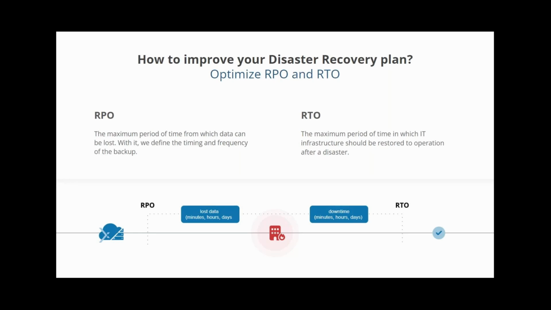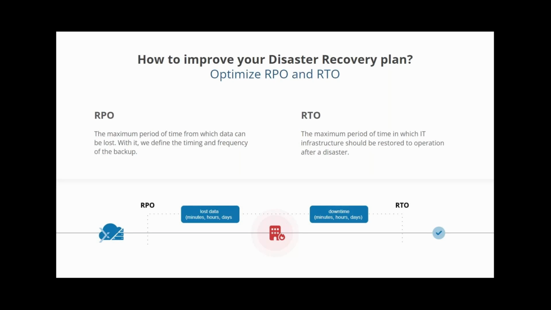DR plan tests. Knowing the RTO and RPO, disaster recovery plan tests are to be conducted to see if the plan is effective enough and meets the organization's requirements. Such tests can include failure simulations to identify areas for improvement and verify that the disaster recovery plan is in line with your RTO and RPO requirements.